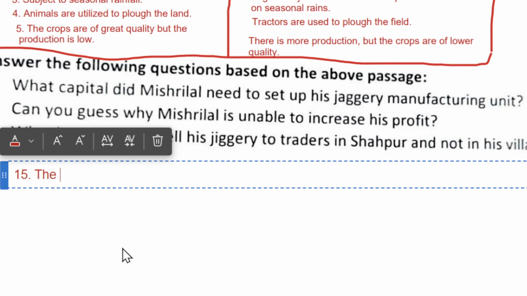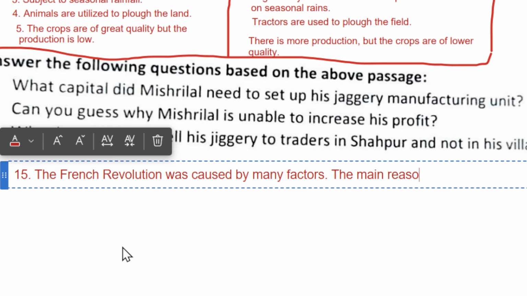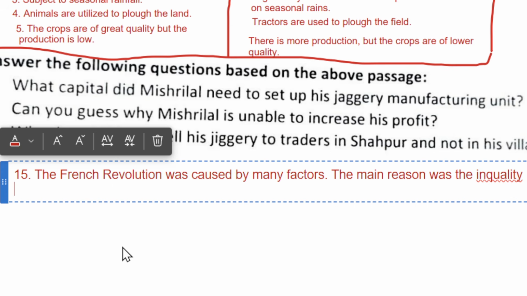So you can write the French Revolution was caused by main factors. The main reason was the inequality between the rich and the poor.